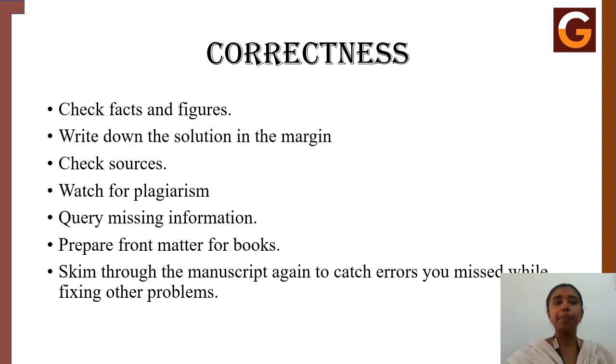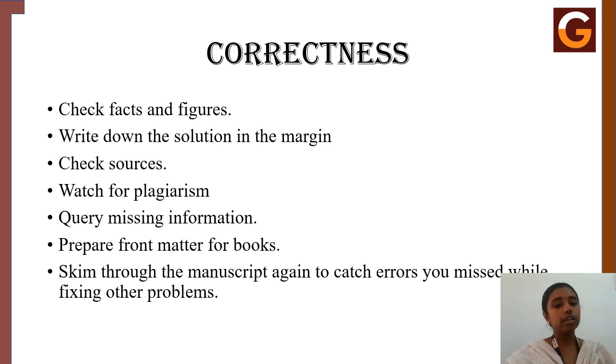Suppose if there is a fact mentioned, such and such event happened in this year, so in that case it is the duty of the editor to cross check whether it exactly happened in that same year, because it is not that the editor should look into only the grammatical errors or spelling or hyphenations and punctuations, because editing also involves the process of looking into the contextual errors.